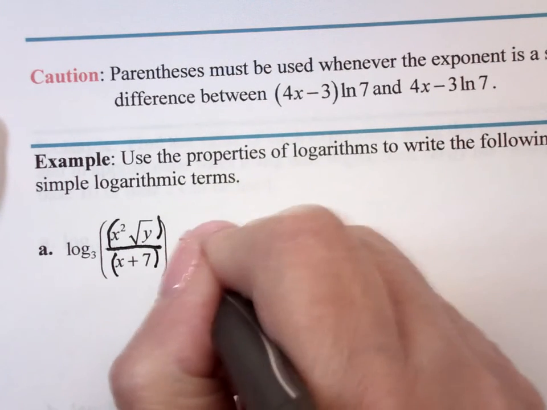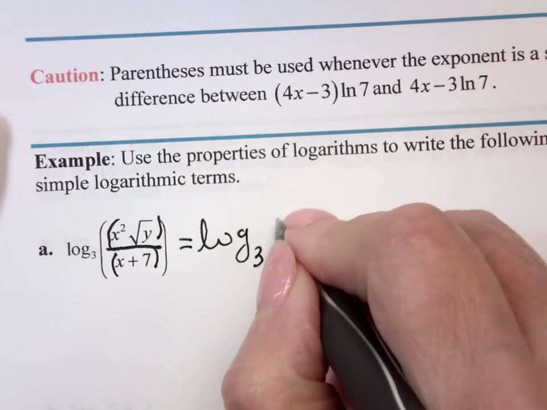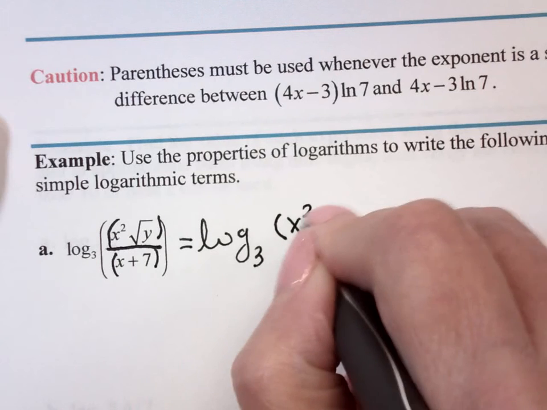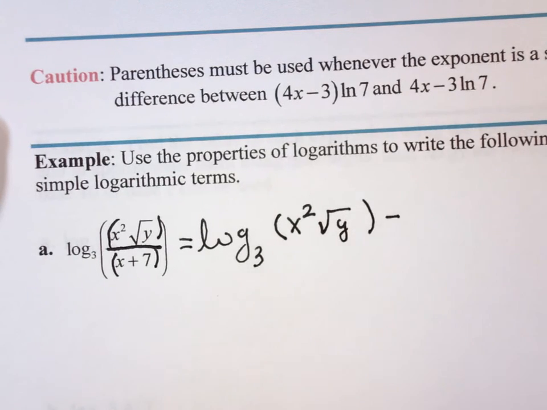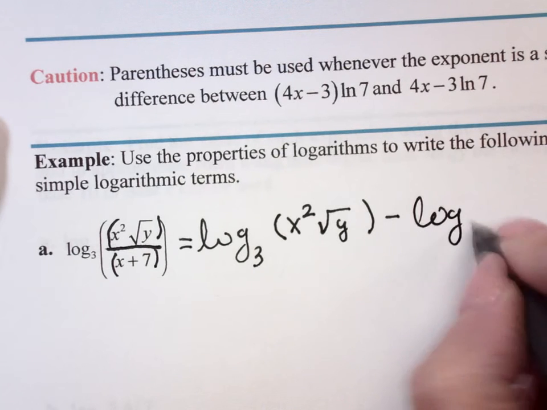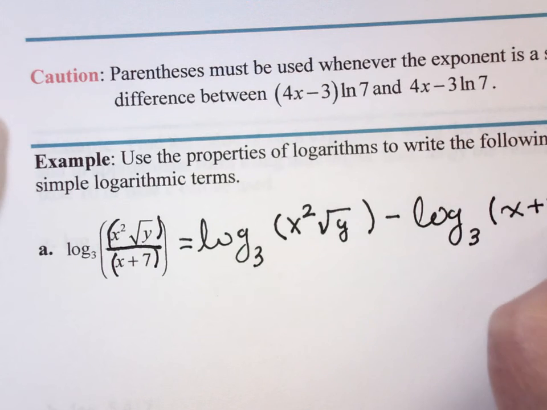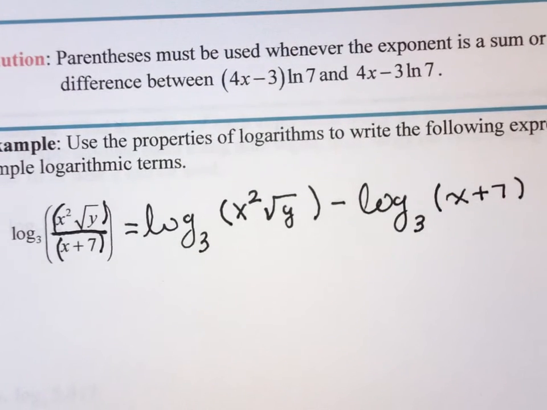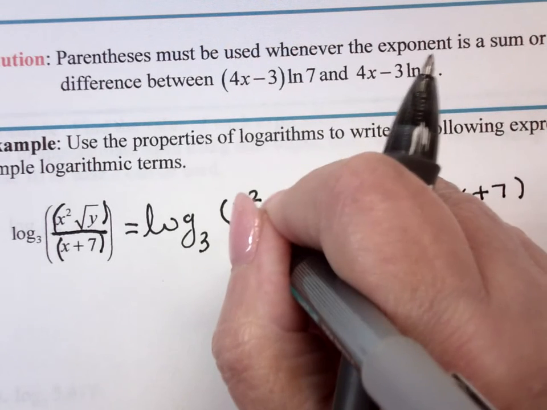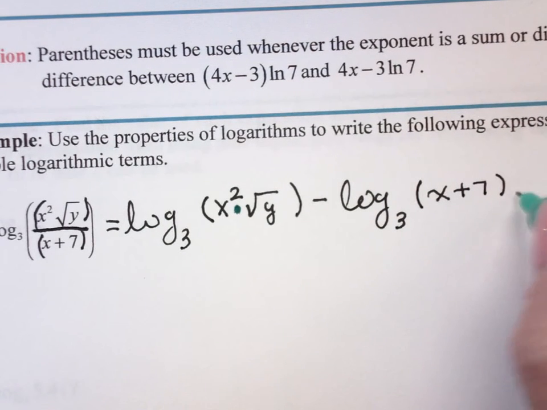So this becomes log base 3 of the numerator subtract log base 3 of the denominator. This is a product, and by the way, this is property 2.